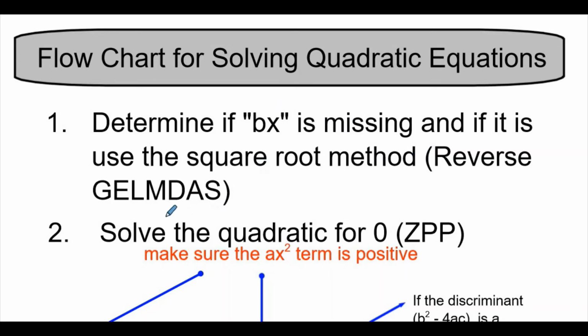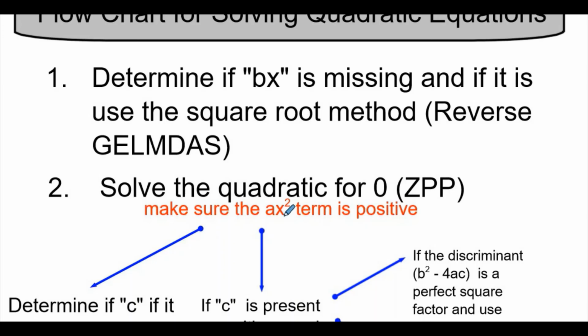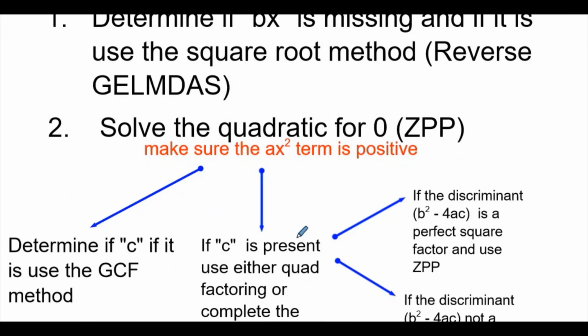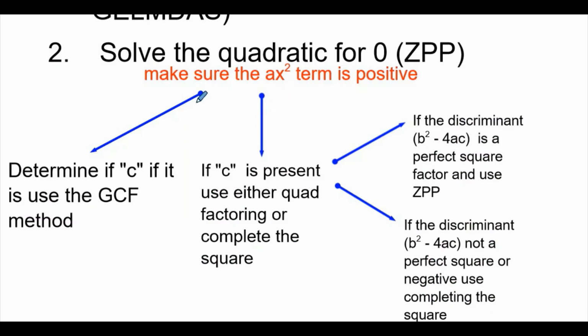If the bx term is present, I would always set the quadratic equal to 0 in an attempt to factor it using the zero product property. So you want to make sure your ax squared term is positive, and here are your 3 things you would do. The first thing you do is determine if there's no c. So if you have bx and you have an ax squared next to it, you would be able to then use the GCF method.